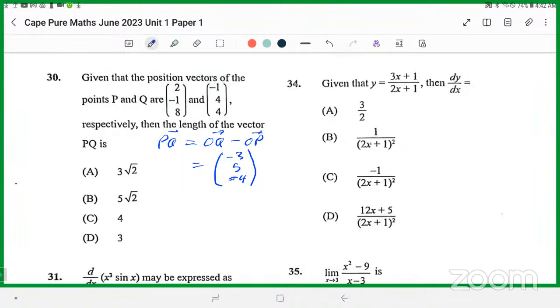Then the modulus of PQ, the length, is the modulus, right? It becomes the square root of 3 squared, 5 squared, 4 squared. That's these values. All right, and that's the working out. If you have to, just use a calculator.